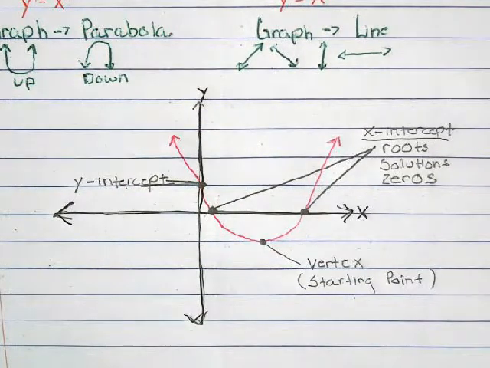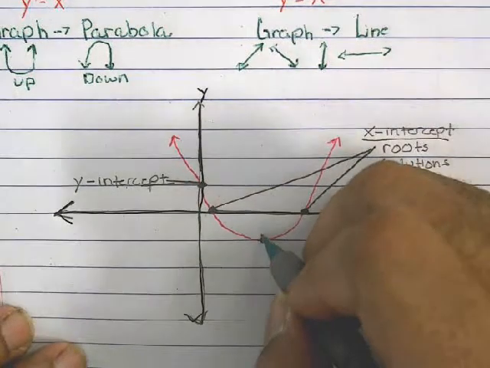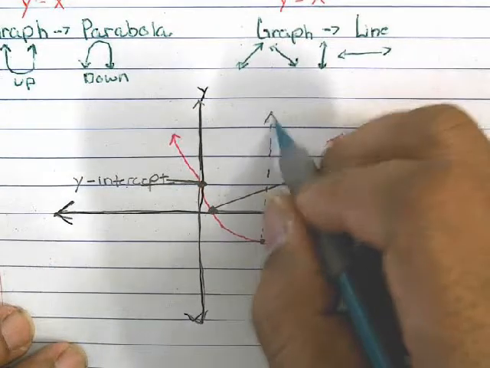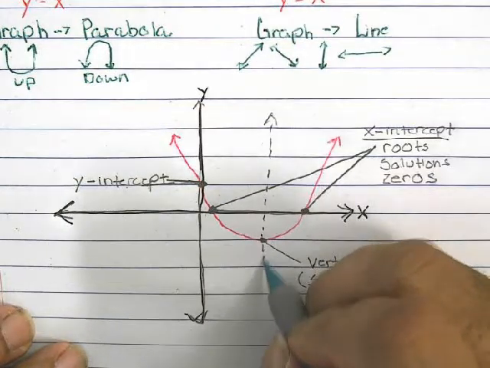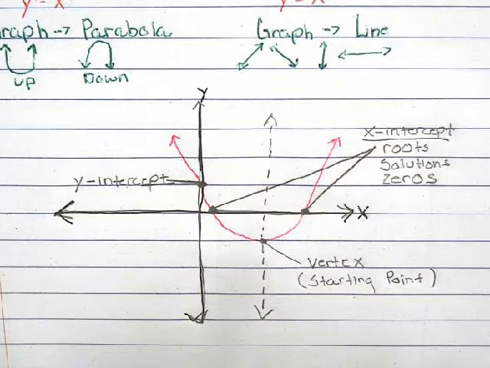Now, the last thing is something you did last year. Draw a dashed line through the vertex. Put your arrows on it. Alright.